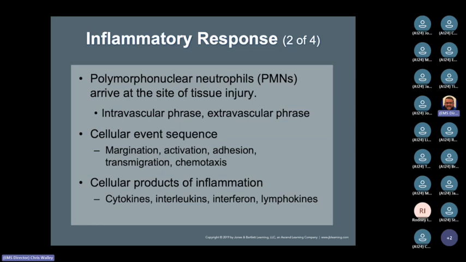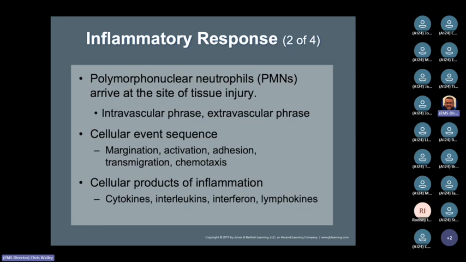During the intravascular phase, the leukocytes move to the sides of the blood vessels and attach to the endothelial cells. During the extravascular phase, the leukocytes travel outside of the blood vessels to the sites of inflammation and kill that particular organism.